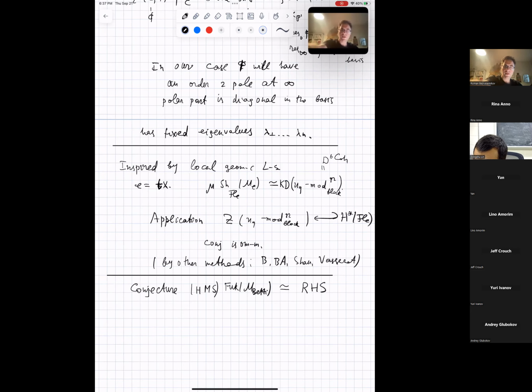So microlocal sheaves on the Dolbeault space should be the same as the Fukaya category of the Betti space, but just for me, it's easier to work with. You know, easy to understand the definition of microlocal sheaves and the Fukaya category. And so this is kind of an approximation to this conjecture.